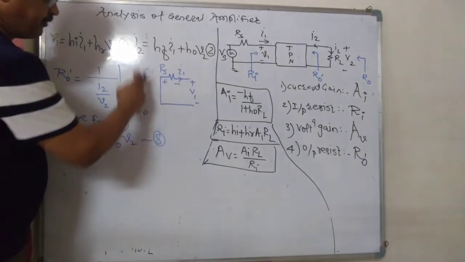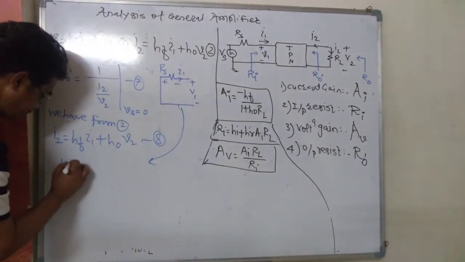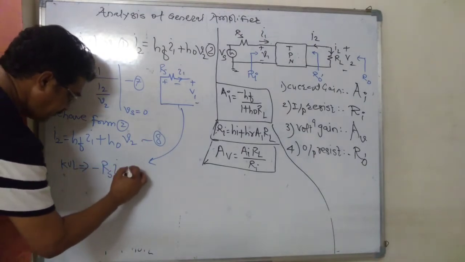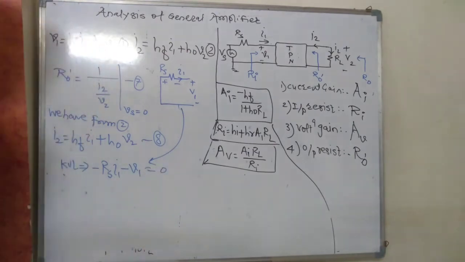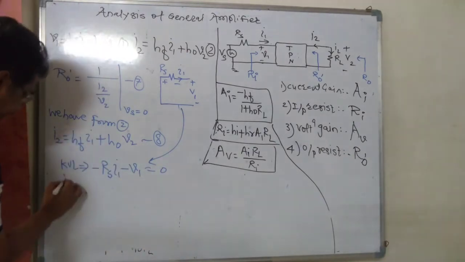So I am writing the KVL equation, KVL to the above figure. Minus RS I1 minus V1 is equal to 0. Right? Put V1 from equation 1.